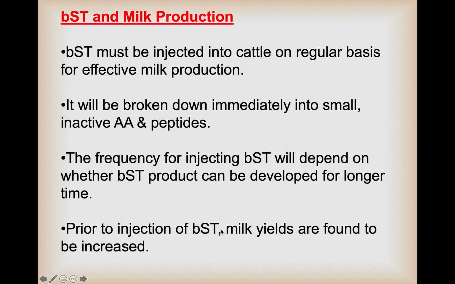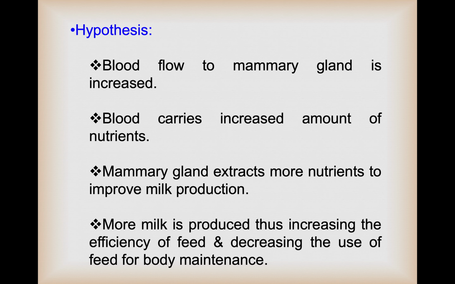Following injection of bST, milk yield is found to increase. This is in cattle; in other animals they haven't actually tested it yet. The rationale for isolating bST and injecting it back into lactating cows is the postulation that blood flow to the mammary gland is increased.